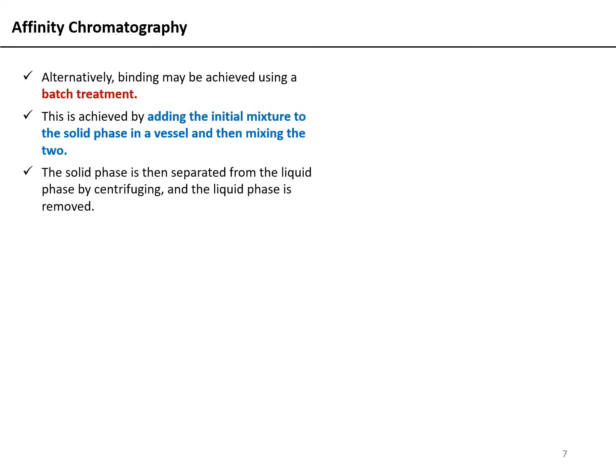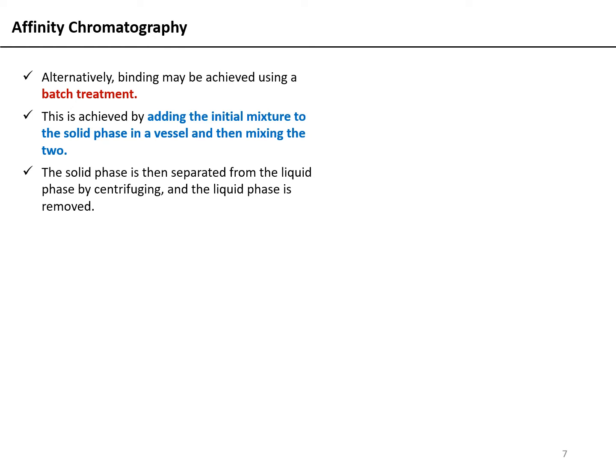Now that you have added your initial mixture, you first allow it to mix for a certain amount of time. You typically keep it either on a tumbler or on a rocker to allow your protein of interest present in the mixture to bind to the beads. Now once you have done that, the solid phase is then separated from the liquid phase by centrifuging. How?